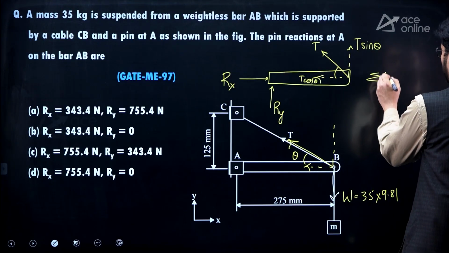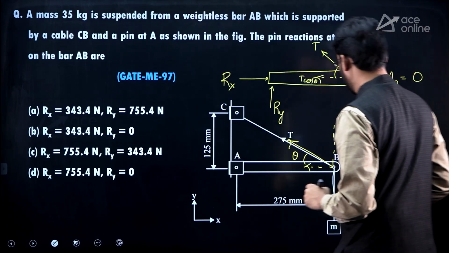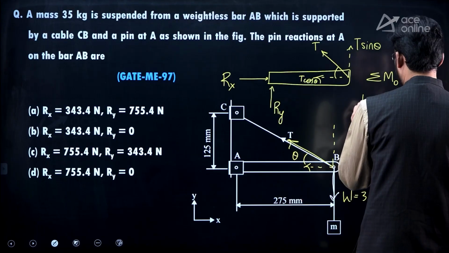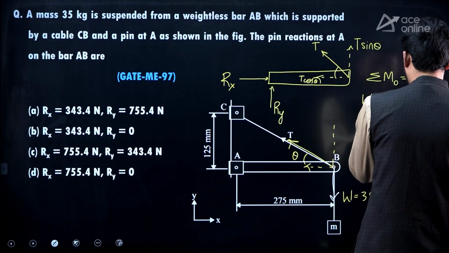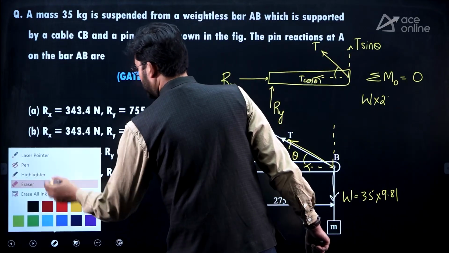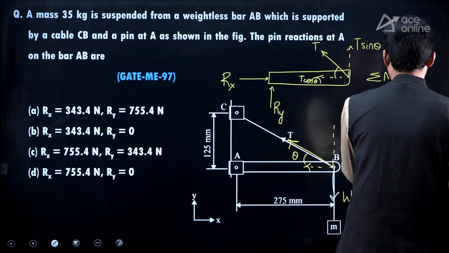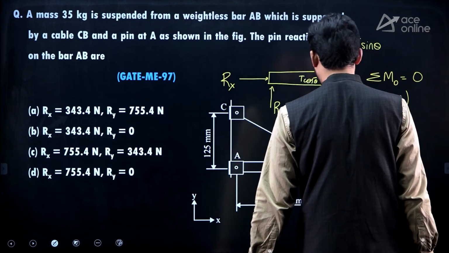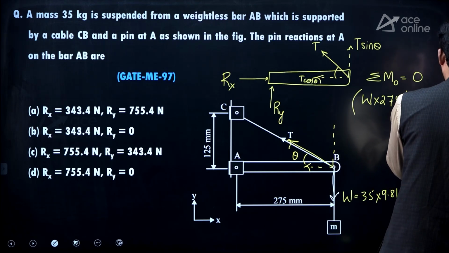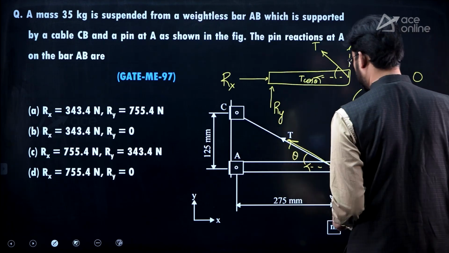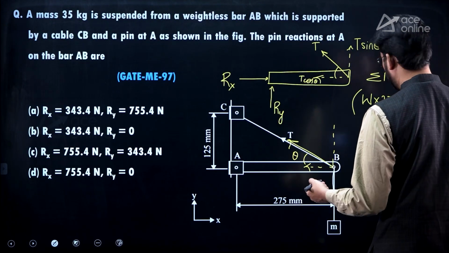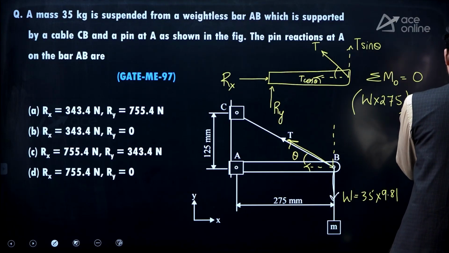So moments about the hinge O is equal to 0. Here there is a weight W at a distance of 275, so that is W into 275, minus T sine theta into the perpendicular distance, which is the same 275.